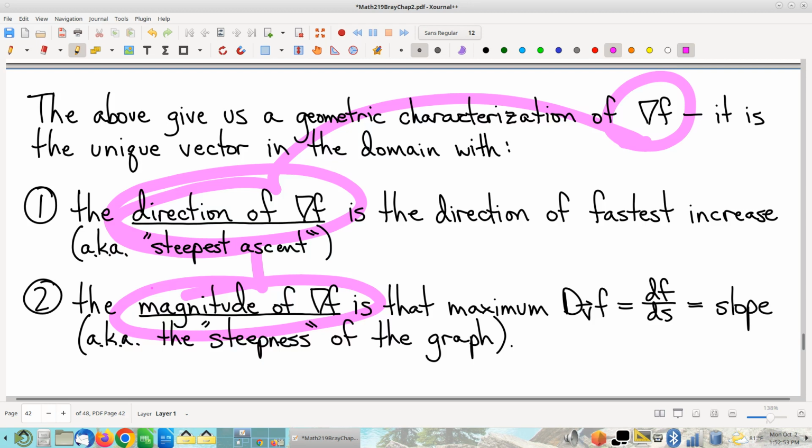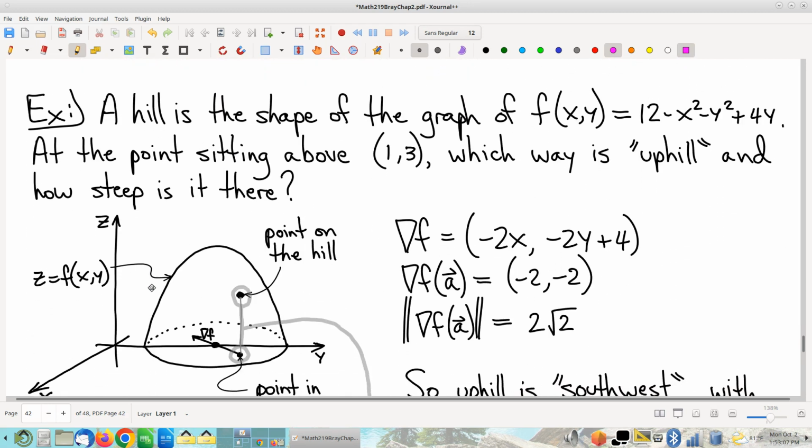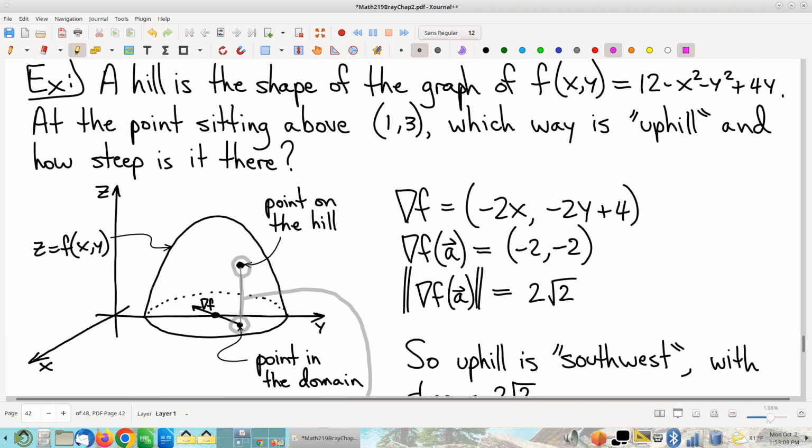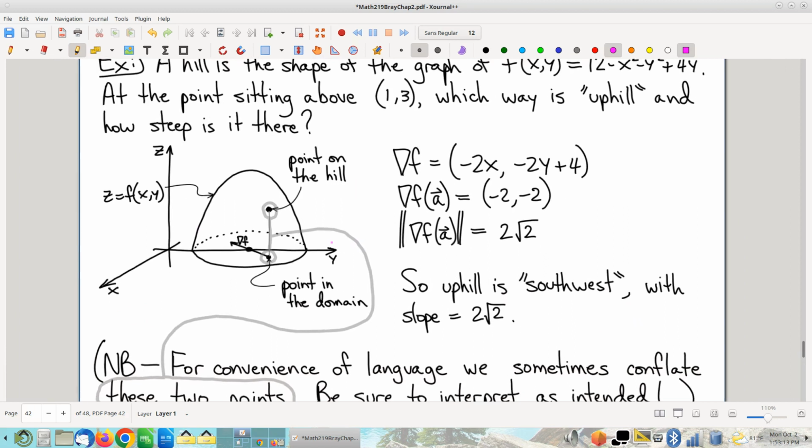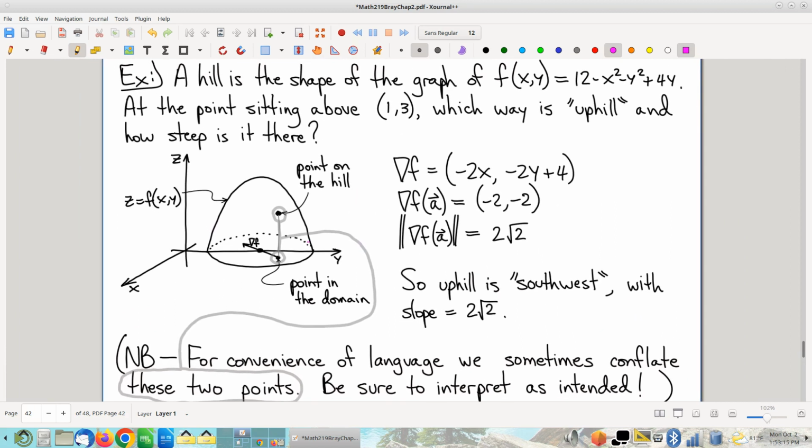Gradients don't have to be viewed as purely algebraic things. They can be viewed as geometric things. They mean something geometrically. So everybody okay with that? Nice conclusion. Okay, example. I'm going to start off with a little bit of a discussion of language.